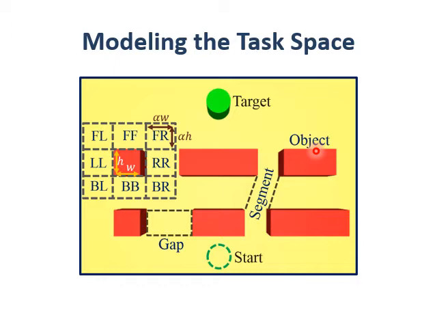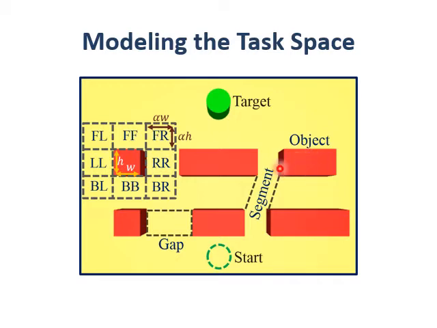We used qualitative representations to model the task space. For example, a gap is the free space between two objects at the same row. We have two actions in the action space: going through a gap and moving an object.